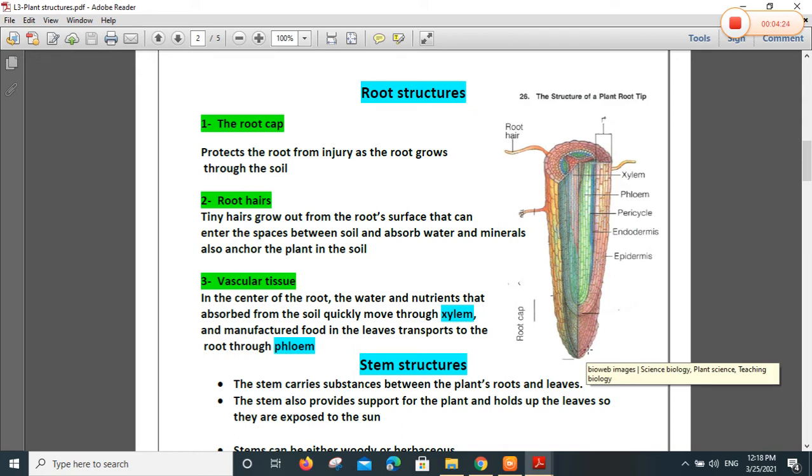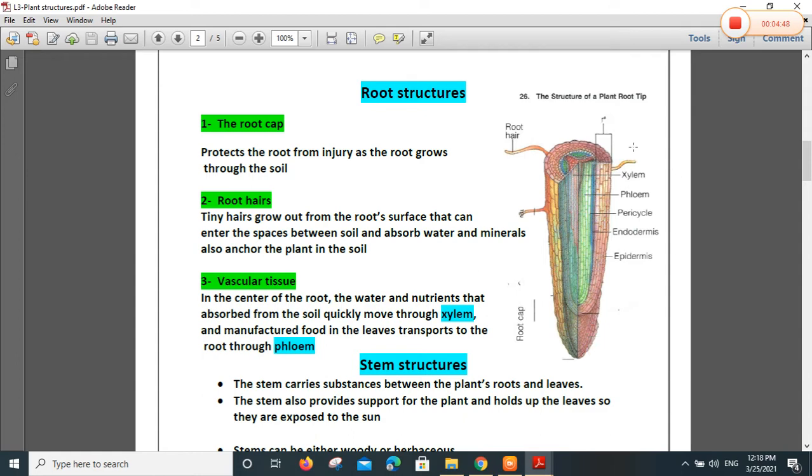Number 1, root cap. The root cap starts from the beginning, down. The root cap protects the root from injury as the root grows through the soil. This is protection.